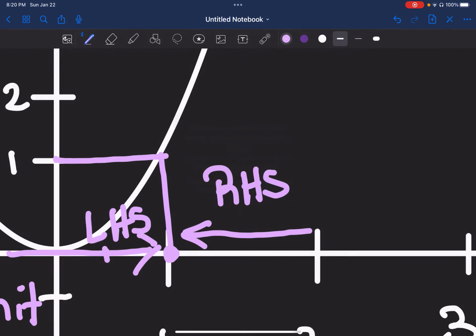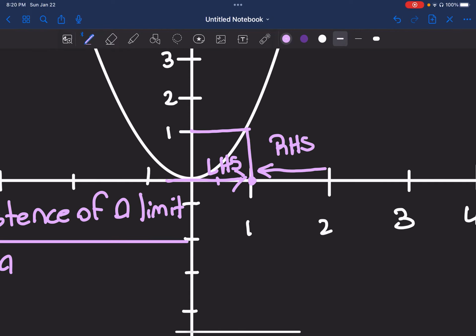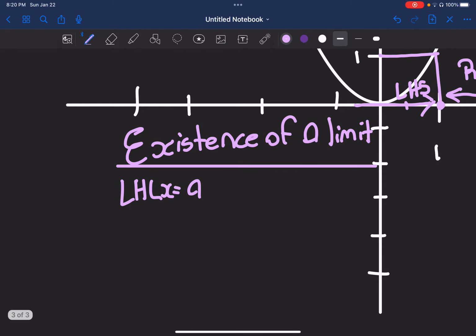The left-hand limit exists here because as x approaches 1, where 1 is the a value, the limit is 1, because that's the output value we get back for y. And the right-hand limit must also exist at x equals a as well.